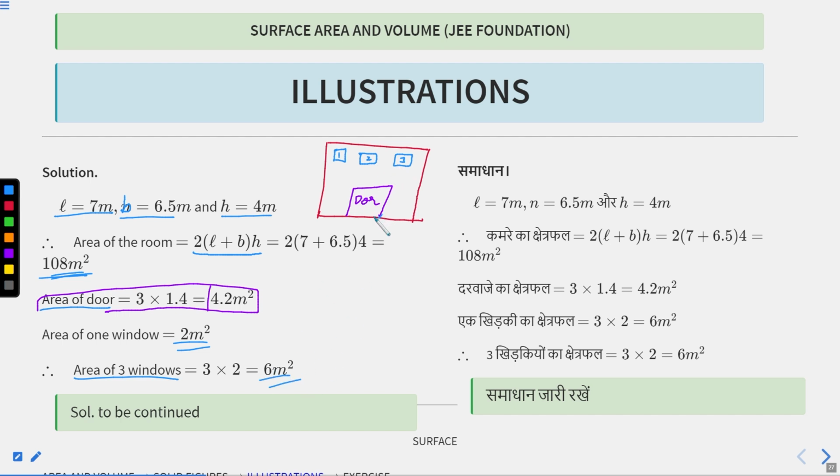Now in order to paint all over the 4 walls, we do not need to paint the windows. So just subtract the area of the door and the 3 windows from the area of the 4 walls that we have gotten.